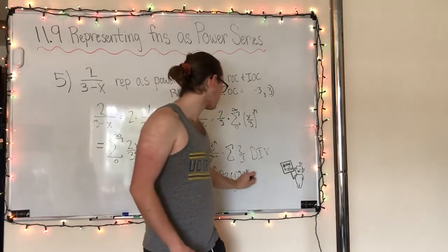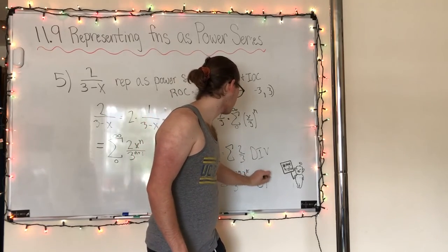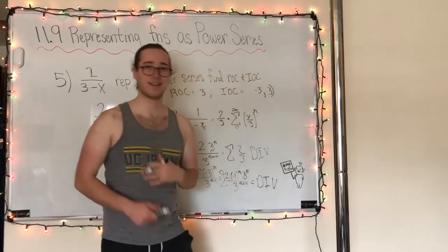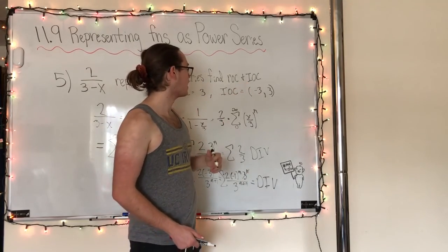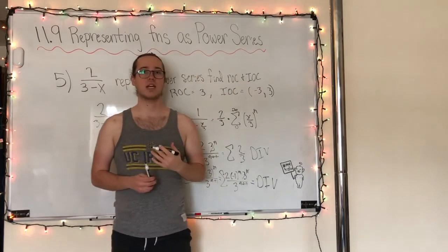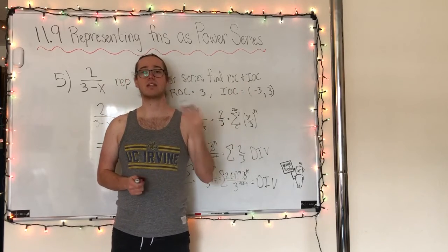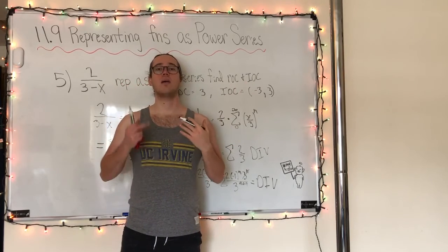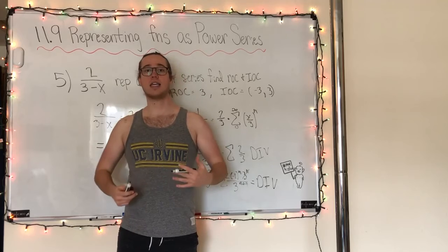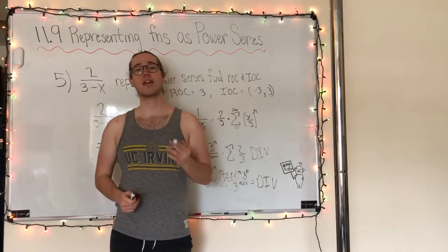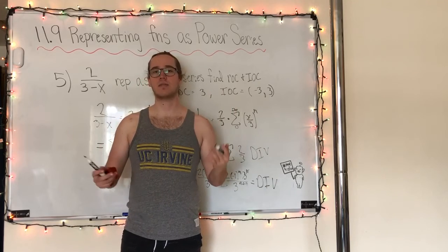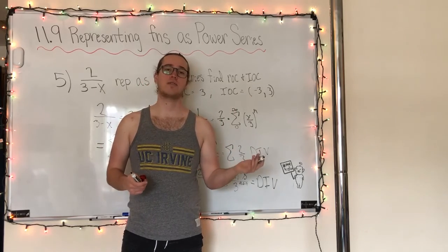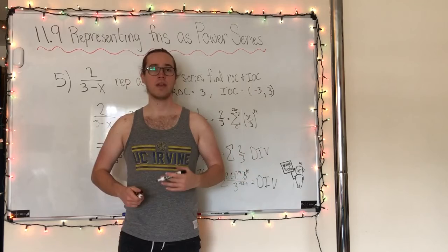So then this is also going to be a divergent series, because it never converges, and so we can say that our interval of convergence is both parentheses. So it is from negative 3 to positive 3 without including those 3's, i.e. the absolute value of x has to be less than 3.